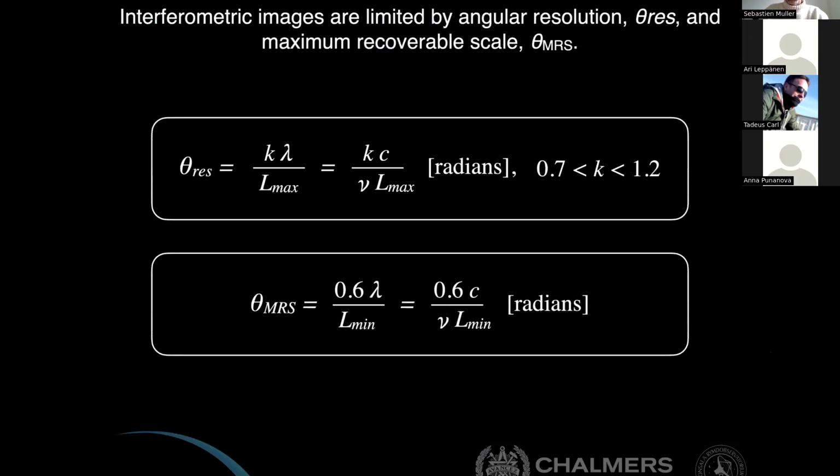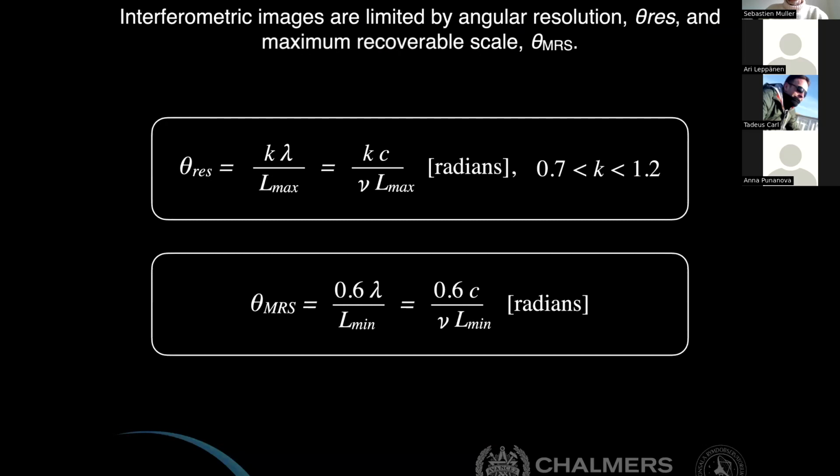But Sebastian already spoke a little bit about the angular resolution and the maximum recoverable scale. The angular resolution can be calculated in terms of the wavelength and the maximum separation of two antennas.